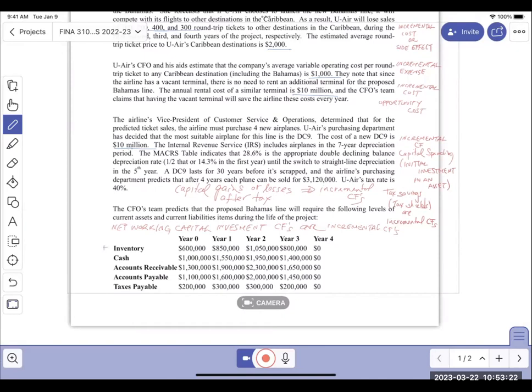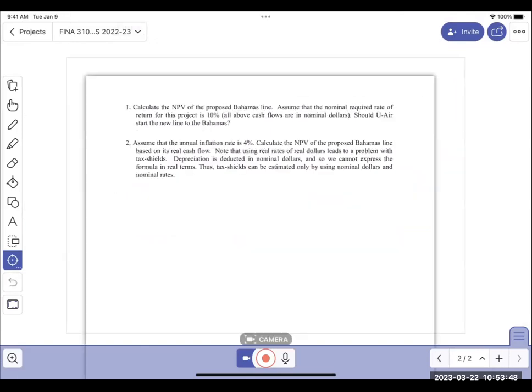So we're going to add these and subtract these, and we're going to get net working capital requirements. So we're going to talk about calculating the net working capital investment cash flows.